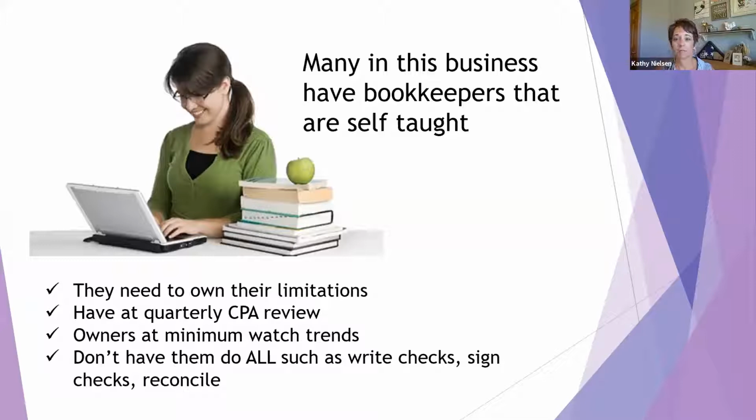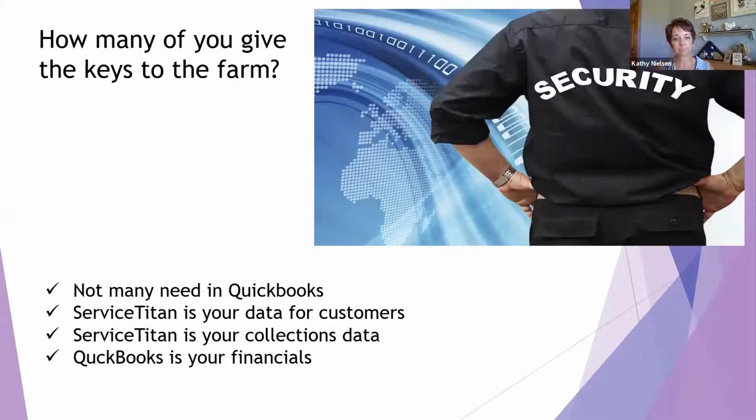I've got a good friend right now that was on the verge of losing her business and her personal things because of situations with checks and balances. I say this all the time: people give the keys to the farm.